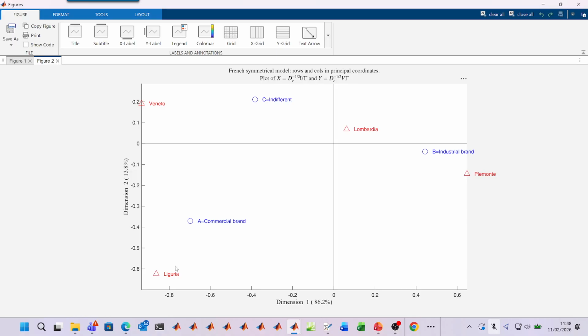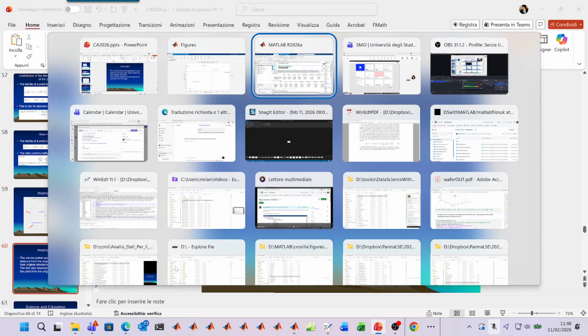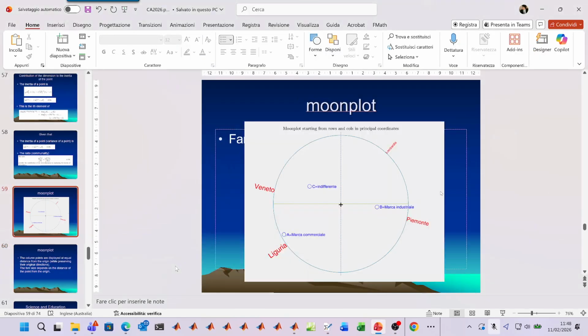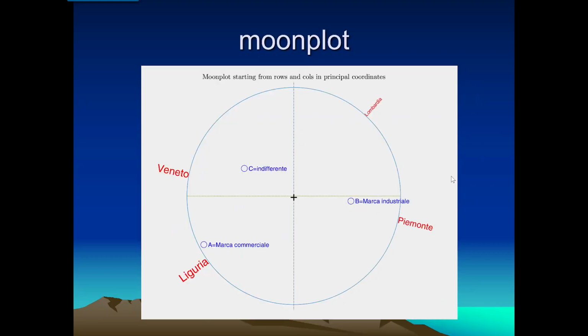But at the same time, if there are too many labels, you want to put column labels around the moon. And so this is what you obtain with this representation. So you see that column points are represented around the moon.